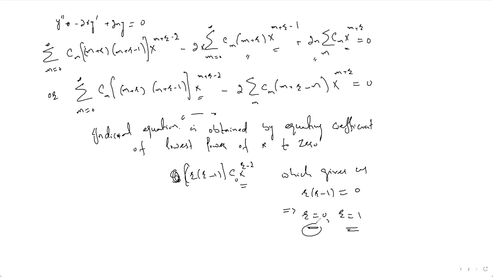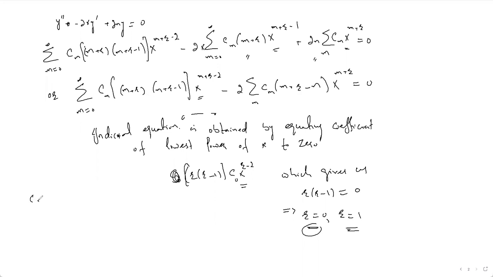Now we will take two different cases. For r equal to 0, one solution will correspond to r equal to 0, and the other solution will correspond to r equal to 1, because this is a second order differential equation, so it will have two independent solutions. Now before moving on, I will see the next power of x. The next power of x is obtained by putting m equal to 1.